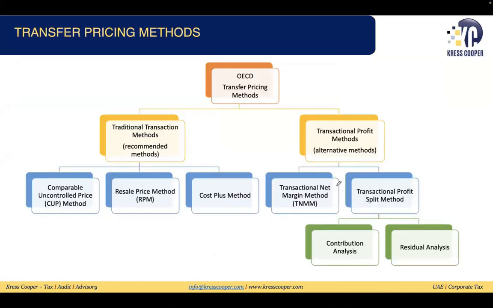As I discussed in a couple of webinars before that, there are 5 methods of transfer pricing to establish the arm length price. Out of these 5 methods, we discussed the comparable uncontrolled price method, the resale price method, and the cost plus method, and this is the 4th one, the transactional net margin method.